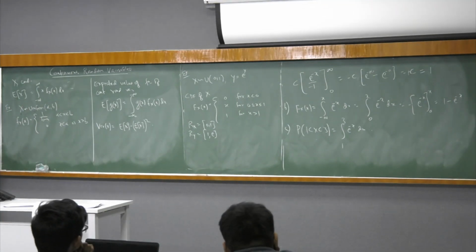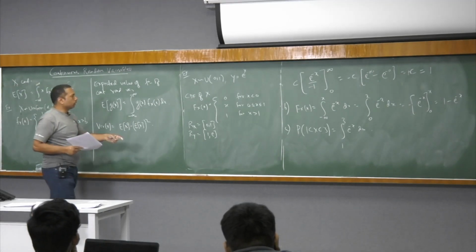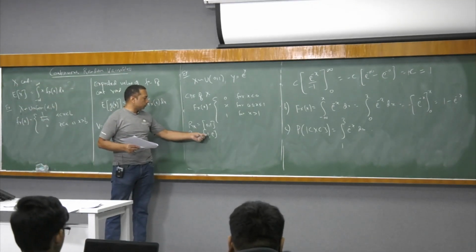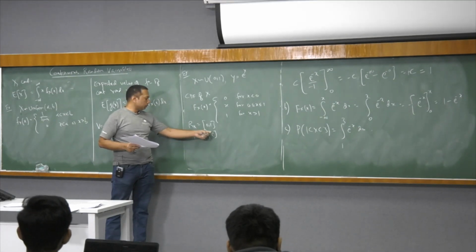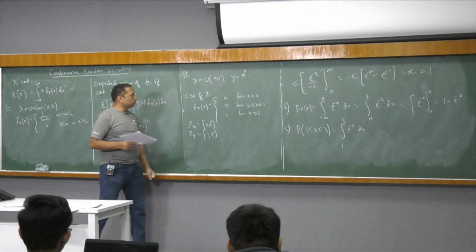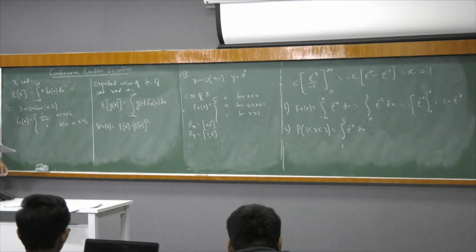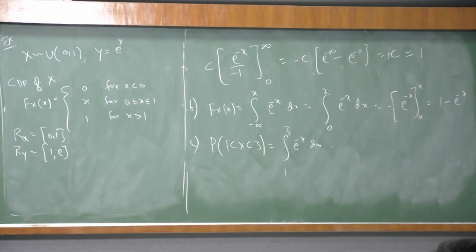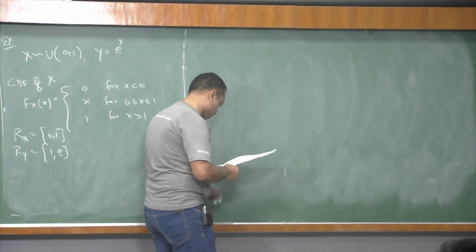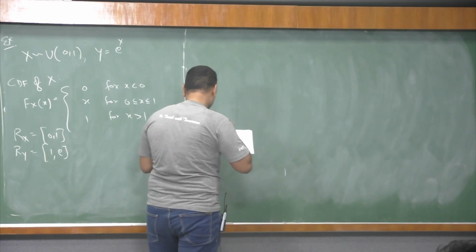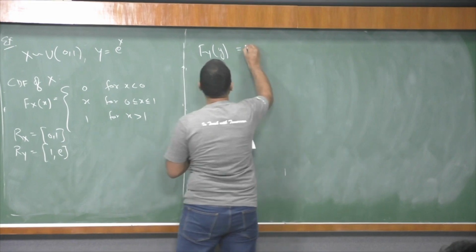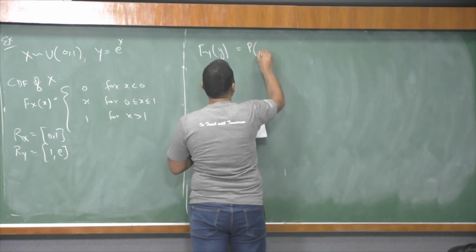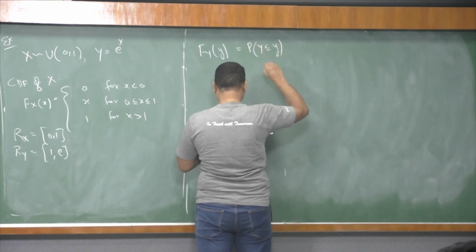So let us try to find these. Basically, you're supposed to find the PDF values, or the probability or CDF values, for these ranges of the y values. So let us see F_Y(y), which is cumulative until Y less than or equal to y.